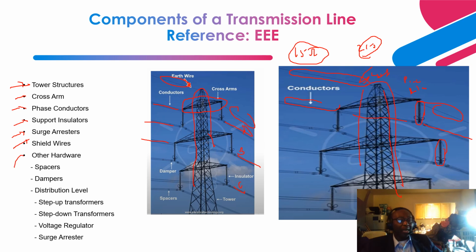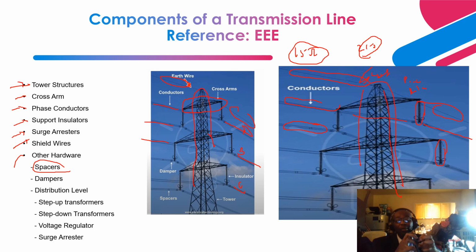Now let's go to other hardware. You can have spacers. I indicated that sometimes if you have more than 2 conductors per phase, you can have 2, 3, 4, 5, 6 that are bundled together. Sometimes the phase current is so high that you want to put conductors in parallel to share the phase current.